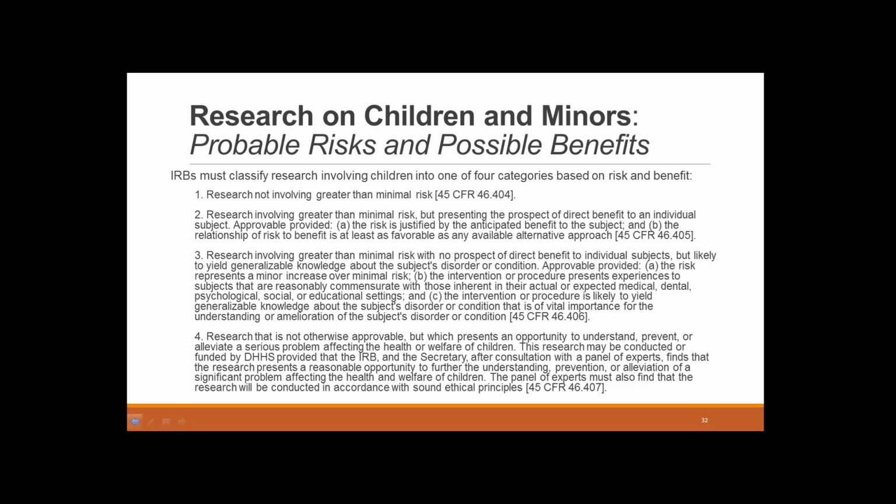The key to these different regulations and categories of risk in research is that these will dictate who provides consent, which of the parents have to provide permission, and the child providing assent.